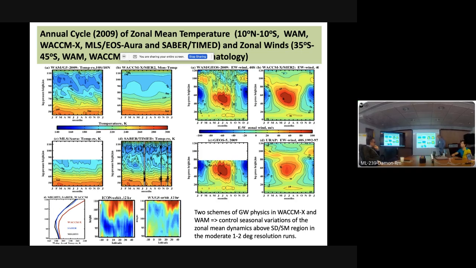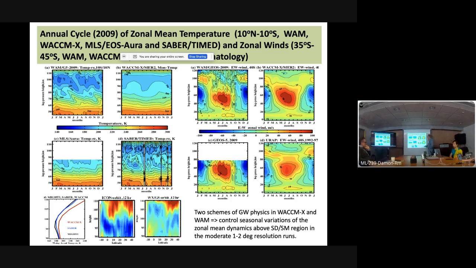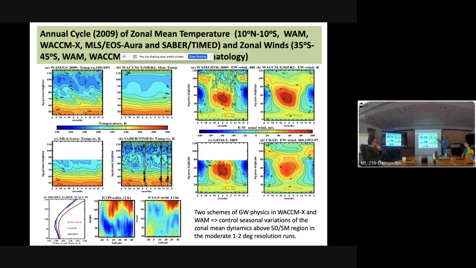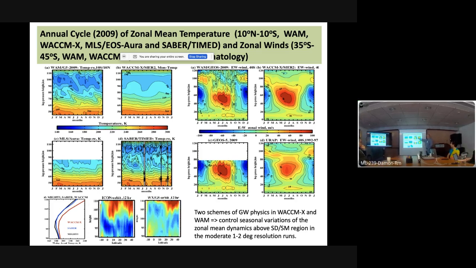So if we would like to do observing system simulation experiments with twin model experiments, we need at least to fix some systematic biases of zonal mean dynamics in the thermosphere. And to look at the extratropical winds, we look also at the seasonal behavior of GEOS and VacuumX mirror, and you can see the similar, very smooth behavior in this region compared to the oscillation reproduced by the spectral model.